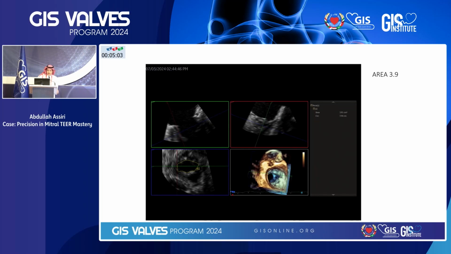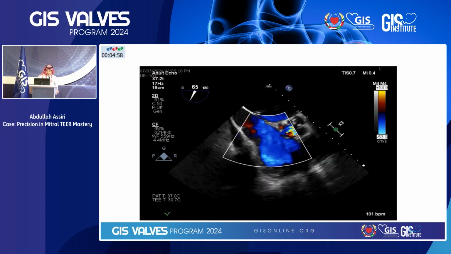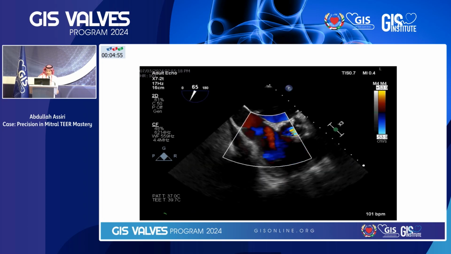Area is borderline, 3.9. Severe functional TR, to begin with that.